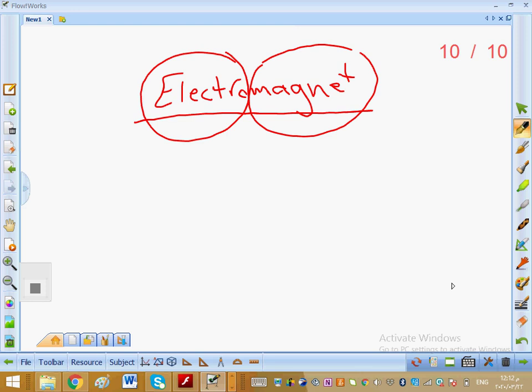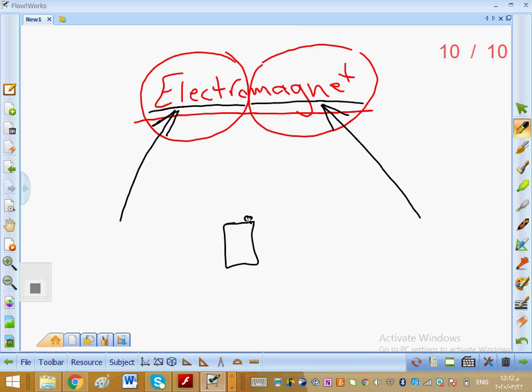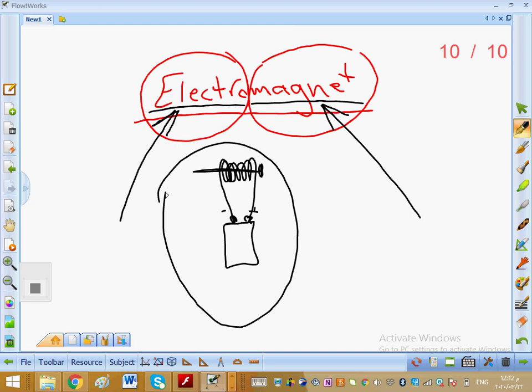So its name, electromagnet, means it uses electric current, like AC current, to produce magnetism. We can make this magnet in our houses.